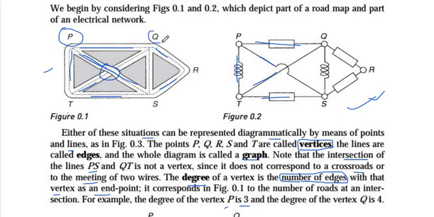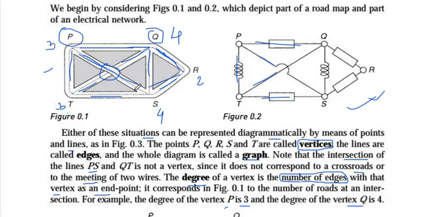Now calculate for Q. How many edges are connected with Q? 1 edge, 2 edges, 3 edges, and 4 edges. So the degree of vertex Q is 4. R has 2 edges, so the degree is 2. S also has 4, T is connected with 3, and P is connected with 3 edges.